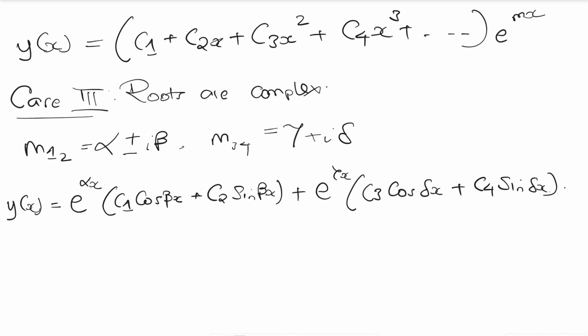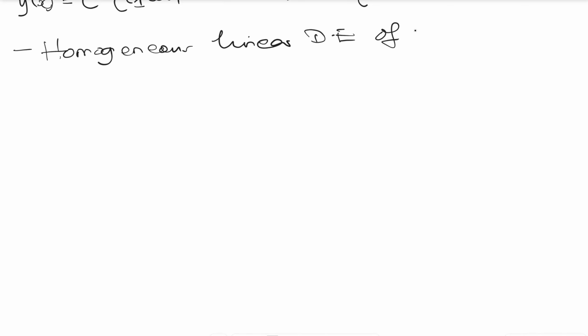And as explained, how do we know if the equation is homogeneous or non-homogeneous? We show an example by studying this concept here: homogeneous linear differential equation of second order.